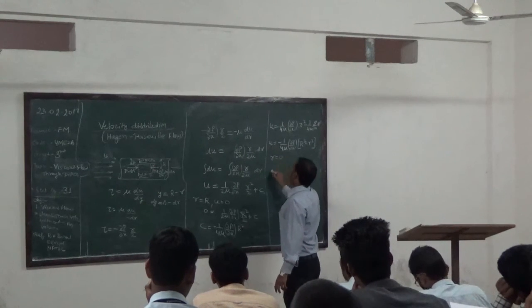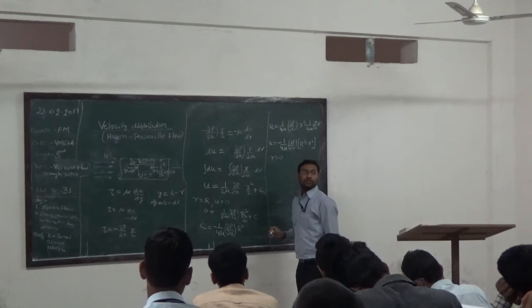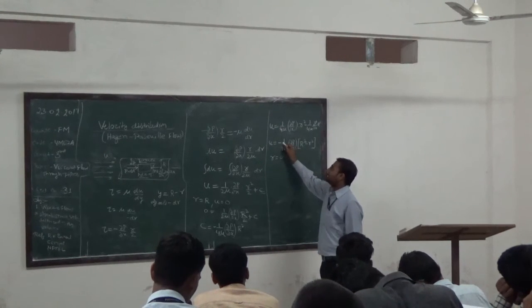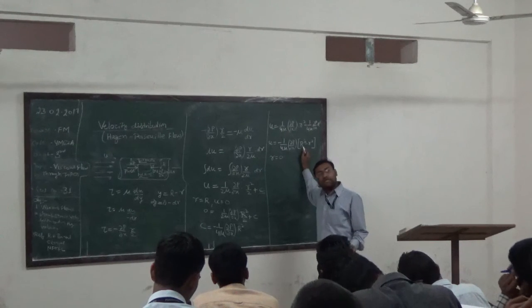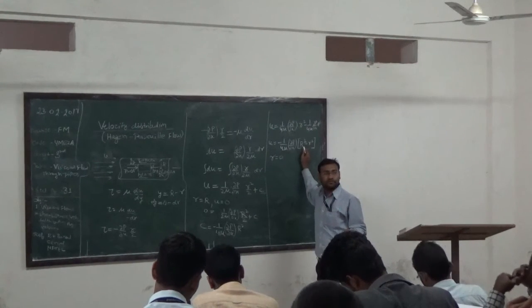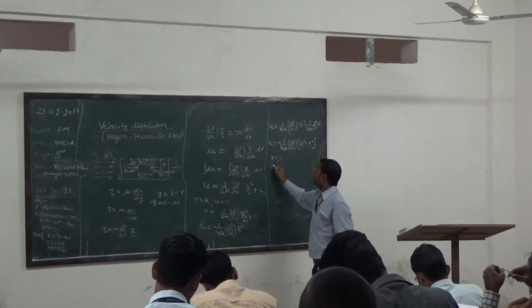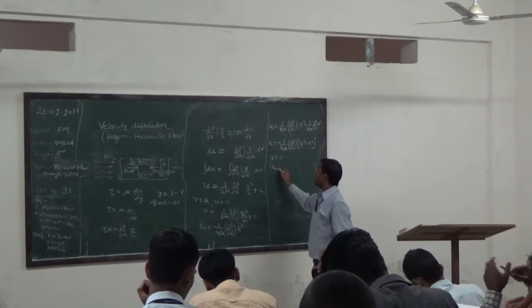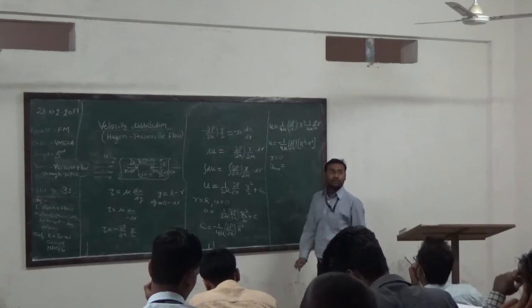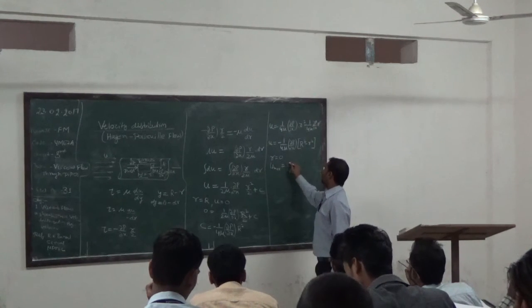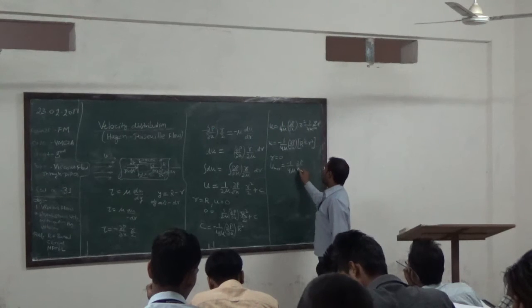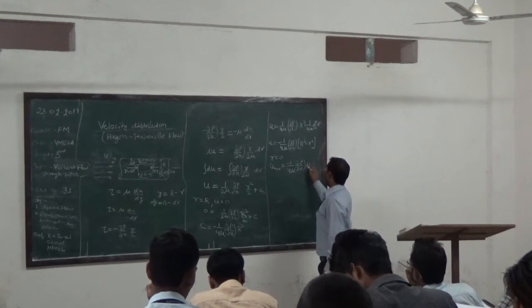If r equals 0, the value of velocity will be minus 1 by 4 mu del p by del x capital R square, and that is the maximum velocity, known as u max. So u max equals 1 by 4 mu with minus sign del p by del x into capital R square.